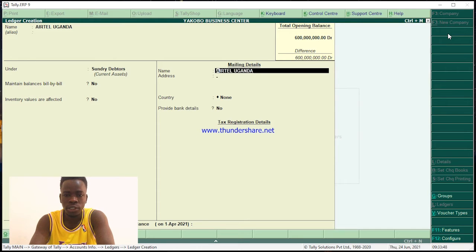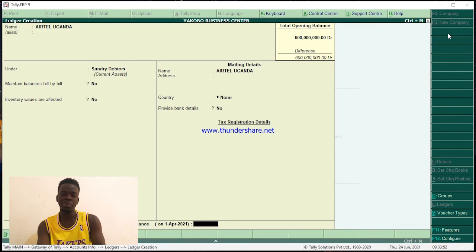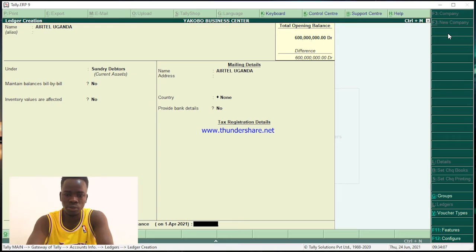For this one we're going to put the opening balance because they are owing us money. It's having 10 million. So we're done. We're going to accept it.